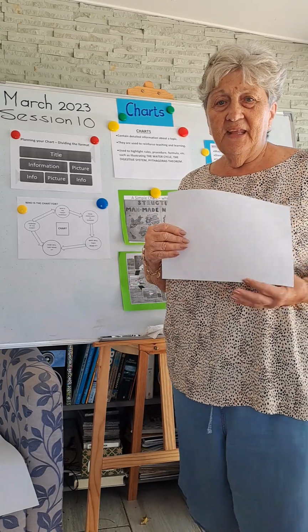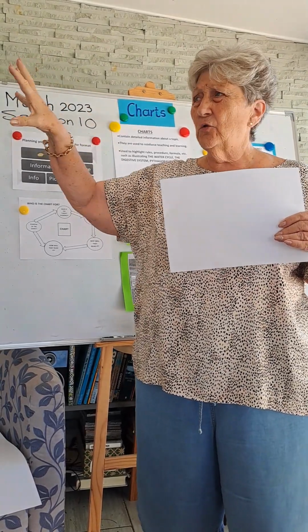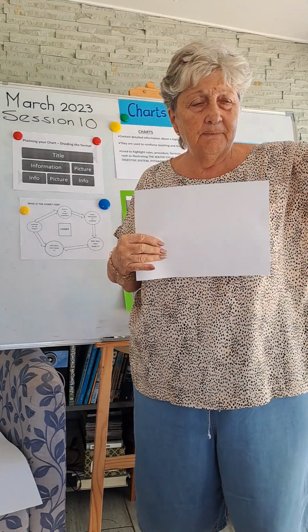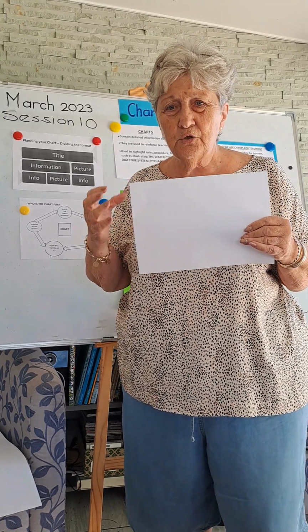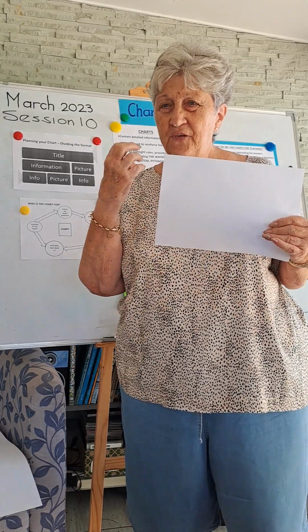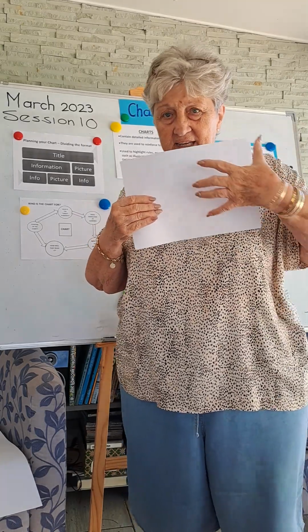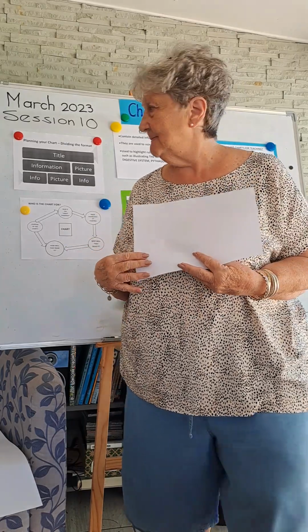Will it be in those iridescent crayons that glow in the dark? Those are useless. The children at the back of the class can't see that writing. So make sure that you're using either red, black, brown, very dark colors that the children can see right at the back for headings. Your pictures, of course, can be in different colors.